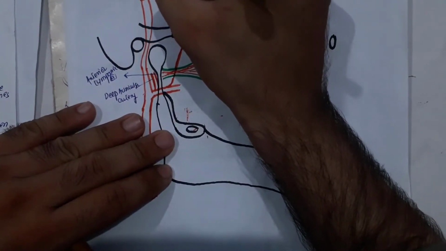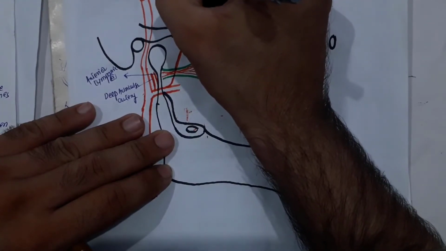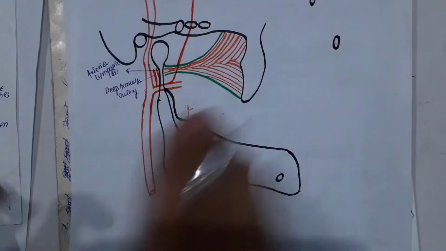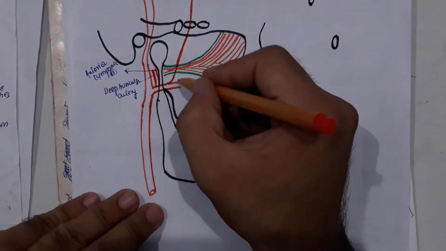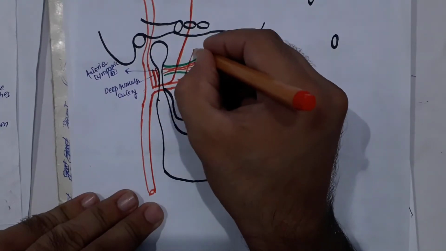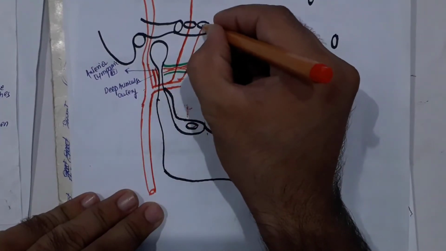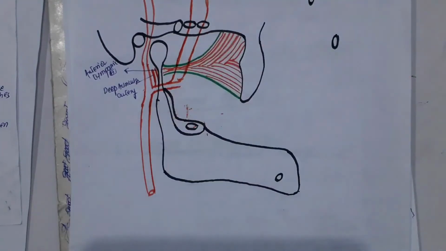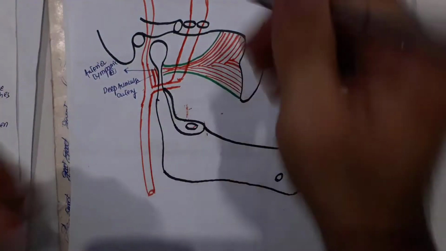Then there was another branch passing through the foramen ovale, and this was the accessory meningeal artery.